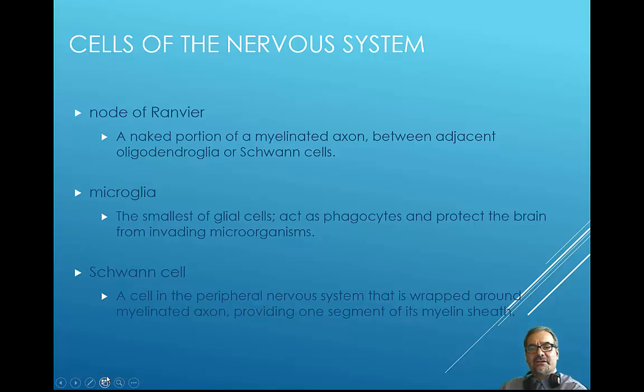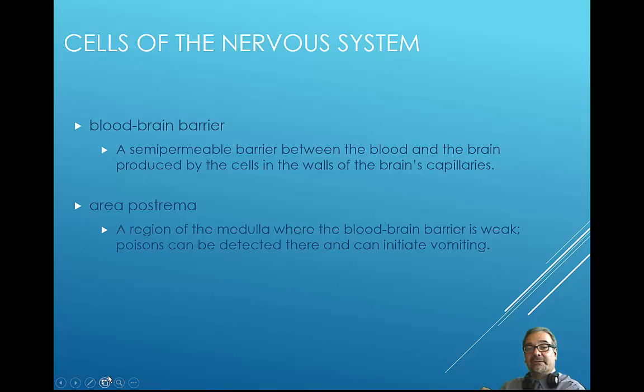I've removed some of them, but just to remind you, nodes of Ranvier are these naked portions of the myelinated axons between adjacent oligodendrocytes and Schwann cells. Microglia are the smallest glial cell, and they act as phagocytes, and Schwann cells, I said, are in the peripheral nervous system. The astrocytes create the blood-brain barrier, which is a semi-permeable barrier in the brain that prevents the blood from seeping into the parenchyma.